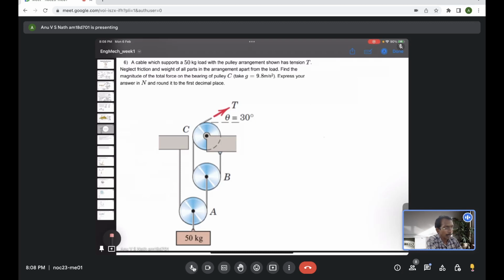In this kind of problem you have a lot of parts, so you can start by drawing the free body diagram of each of the parts.